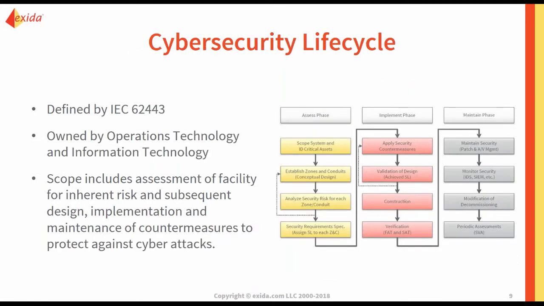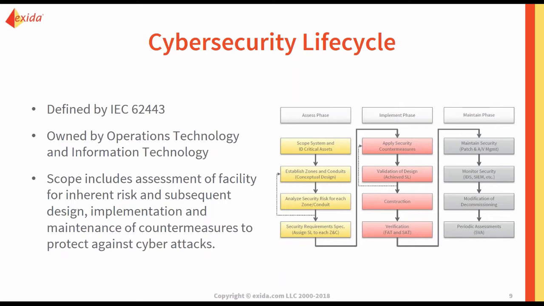There is a cybersecurity lifecycle. This is defined by IEC 62443. It's usually owned by operations technology and information technology within a corporation. And it has a similar scope. As you can see, there's an analysis phase, a design and implementation phase, and an operation and maintenance phase. In this case, we're implementing countermeasures to protect against cyber attacks. These countermeasures can also include alarms with operator intervention.